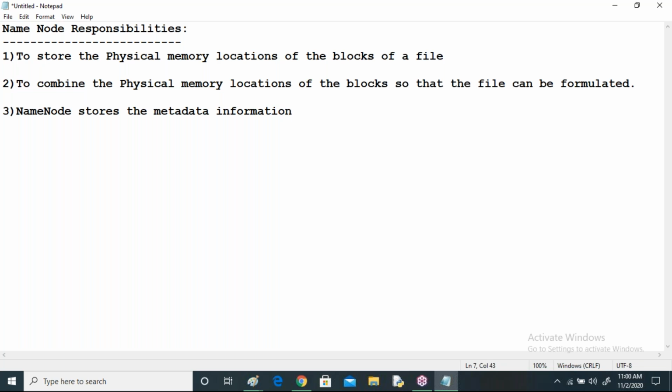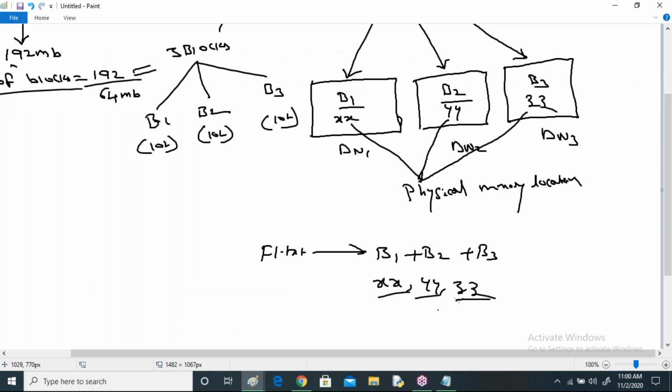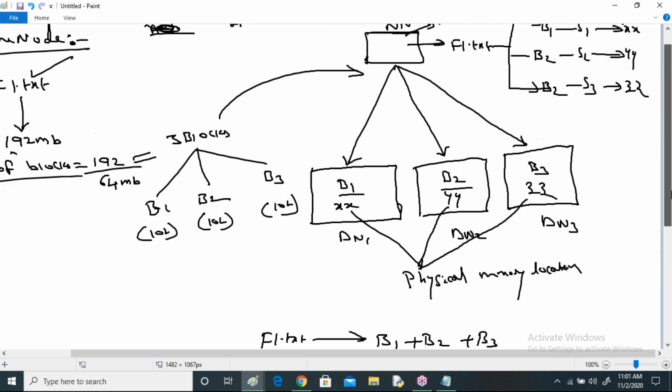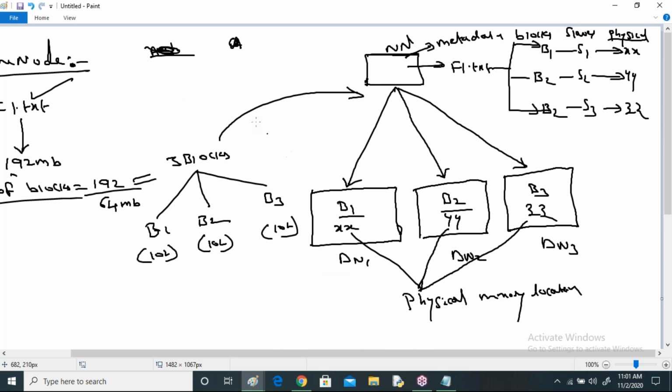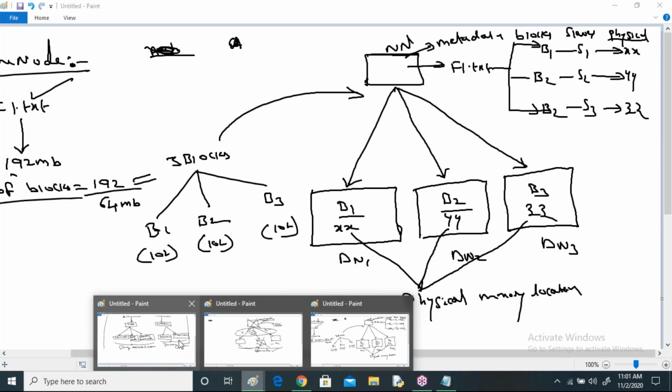Who divides the file into blocks and stores it in multiple slaves? Name node. It stores the different blocks in different slaves. And who assigns the tasks to the slaves?